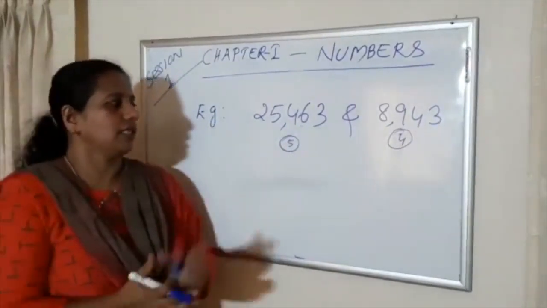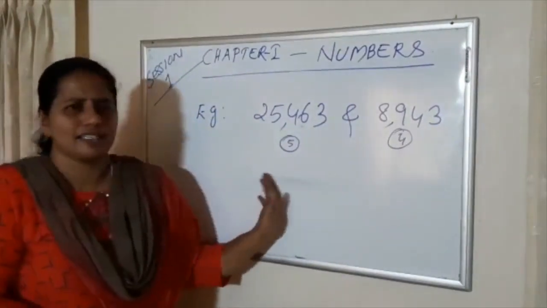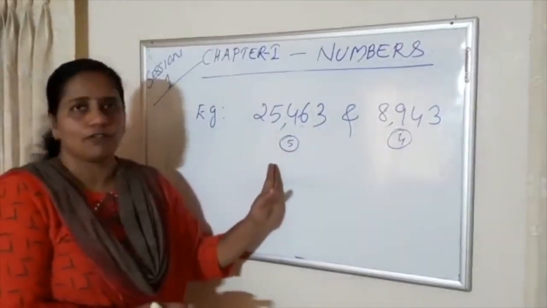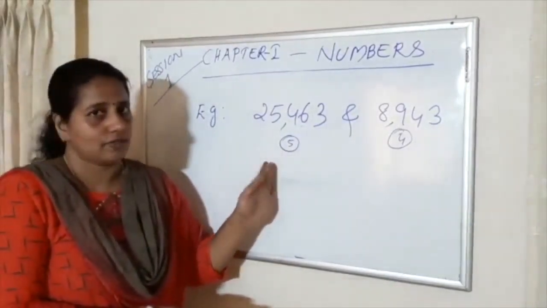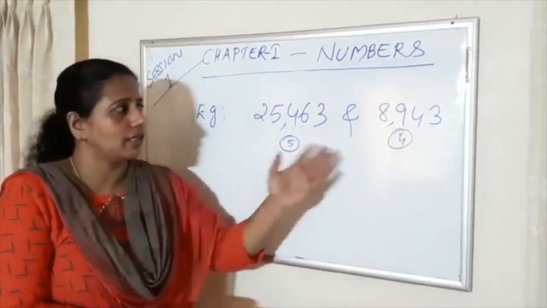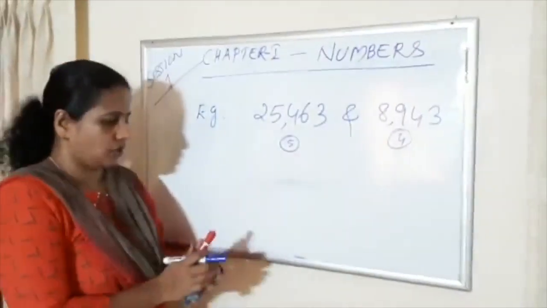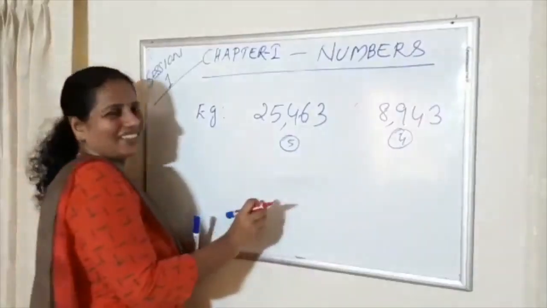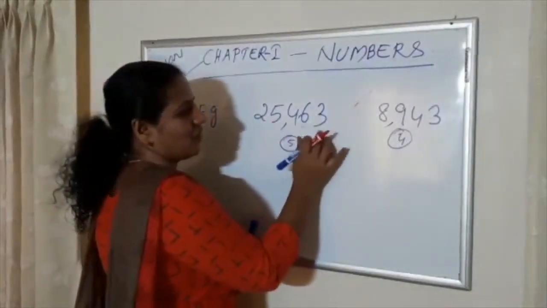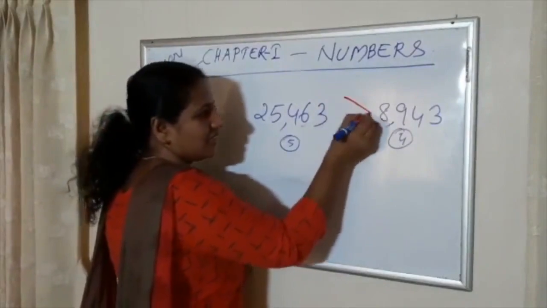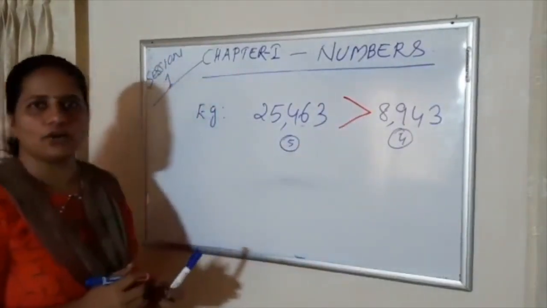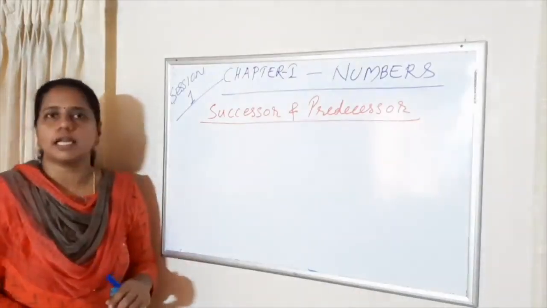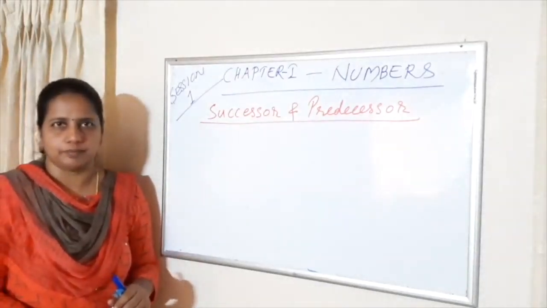By counting the digits you can easily compare these numbers because 5 digits are here and only 4 digits there. It's very clear, a 5-digit number is greater than a 4-digit number. So you can write 25,463 is greater than 8,943.